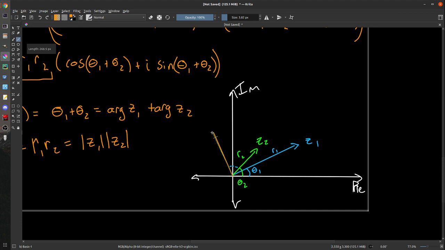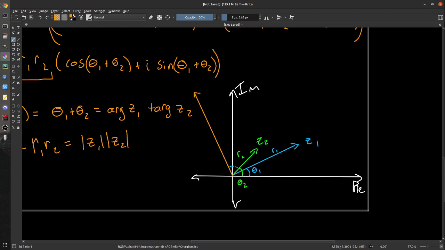And now multiplying the lengths together, let's suppose that r2 is a half of r1. Then when we multiply them together, let's do something illustrative at least.